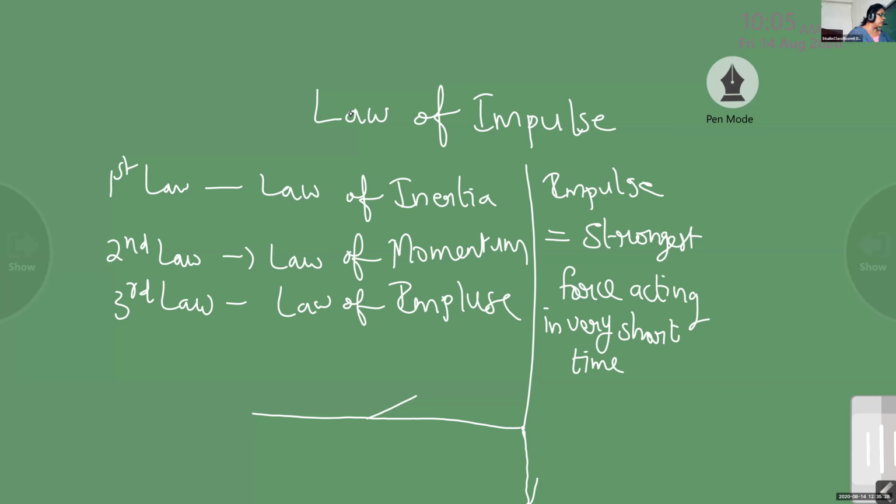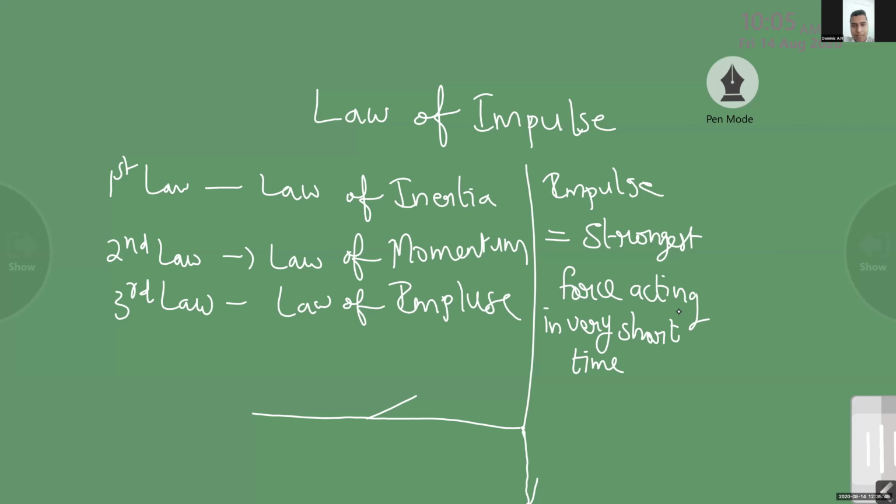Okay, children. So another example of hitting a six. Within a short time, the contact between the ball and the bat is very minute, maybe a fraction of a second, because the ball is coming at 120 kilometers per hour.